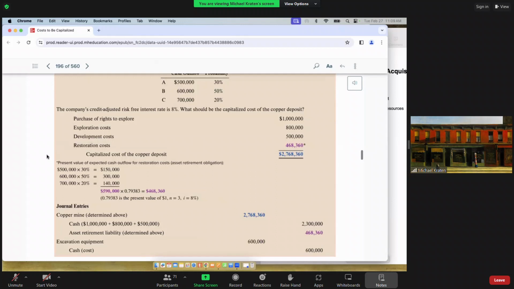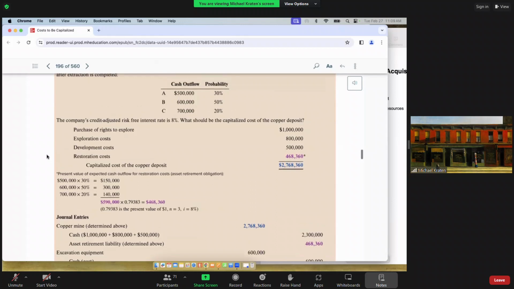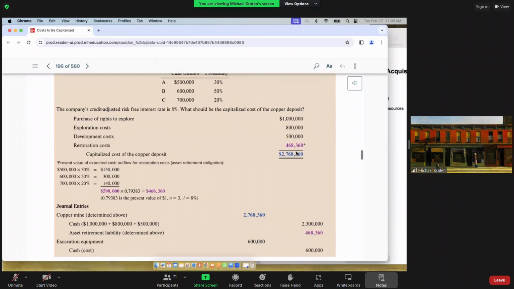Sure. Okay, so what is the equipment cost or the property cost? Well, it's 2,768,360. Debit property, plant, and equipment, top of mind, for 2,768,360.